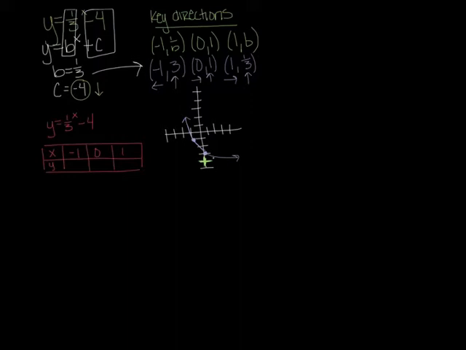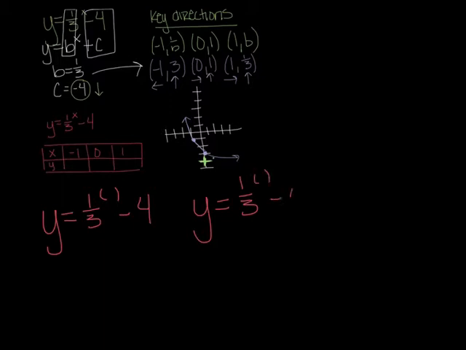We have y equals (1/3)^x minus 4. Our x values are -1, 0, and 1.